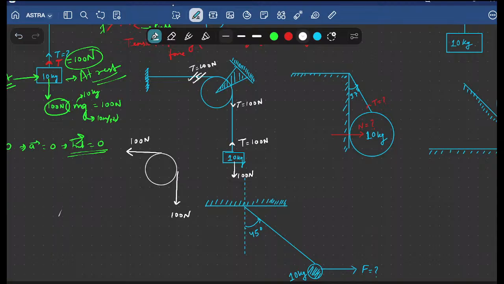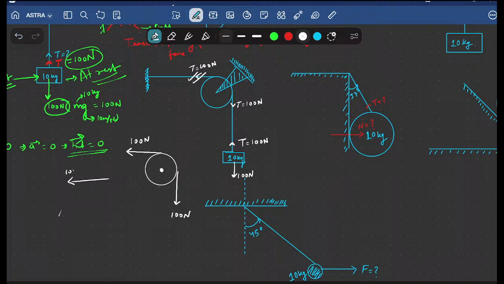So we can see that this pulley is experiencing two forces, 100 Newton and 100 Newton. Now how to add these forces? Since force is not a scalar quantity, we cannot directly write 100 plus 100 as 200 Newton. There are certain rules for adding vectors. I hope that you all know vectors.